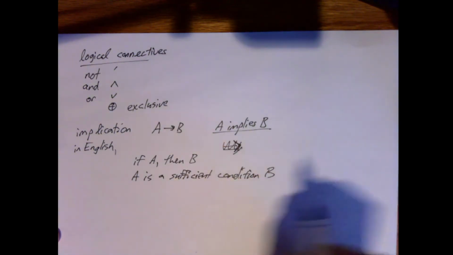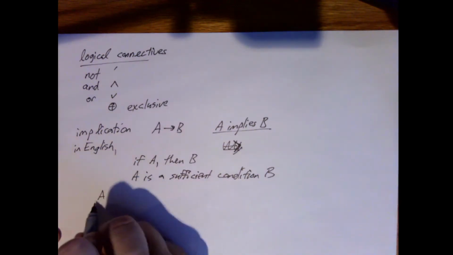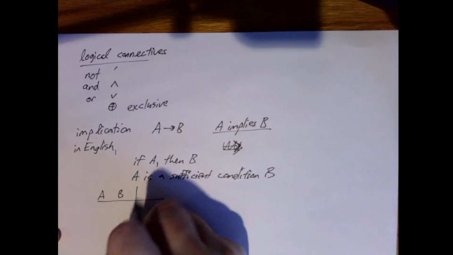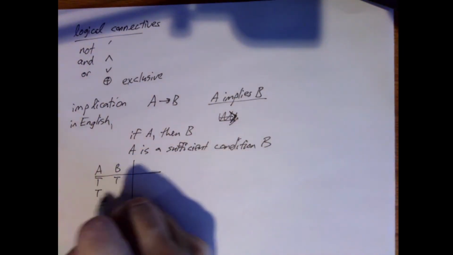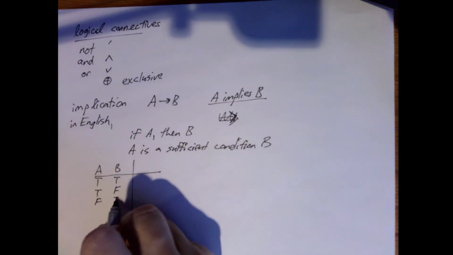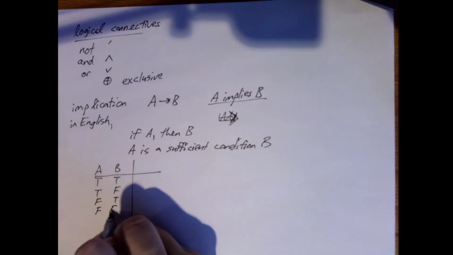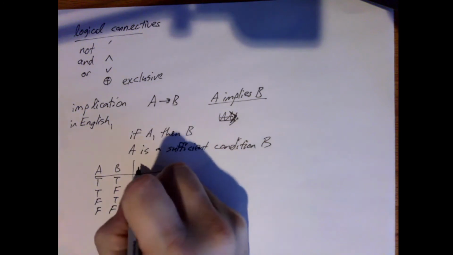The truth table for this is this. So we have true, true, true, false, false, true, false, false.